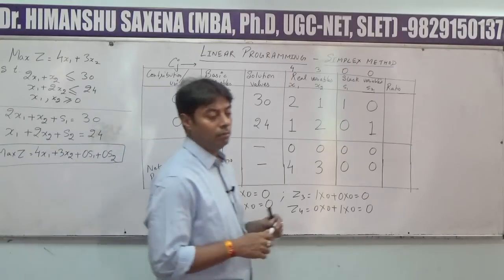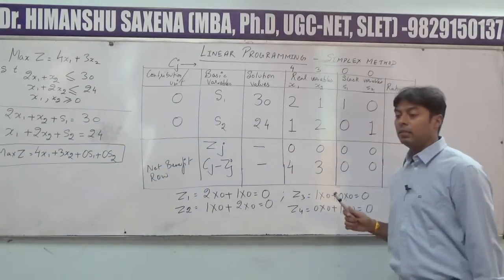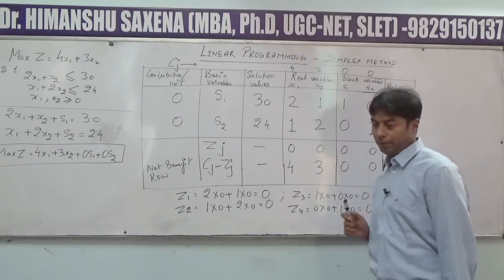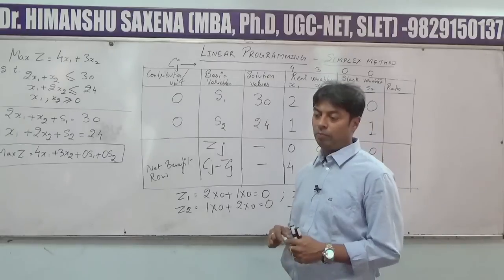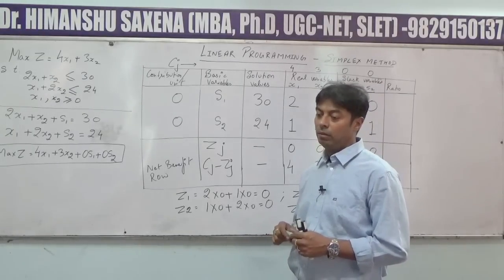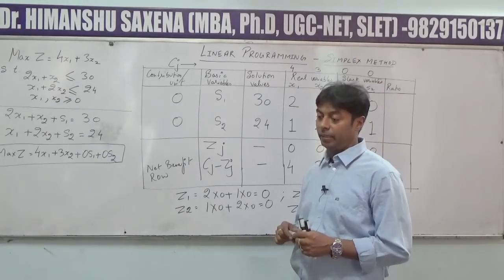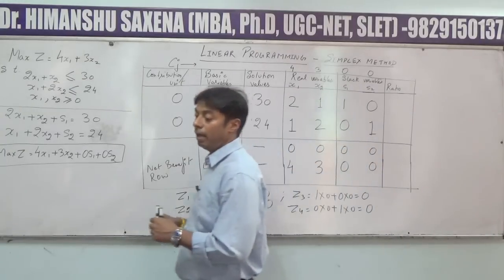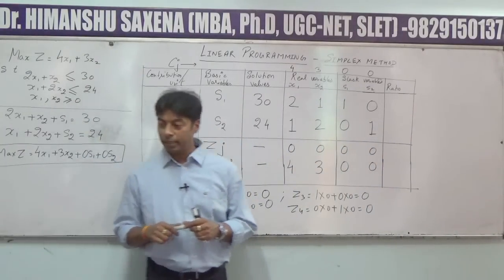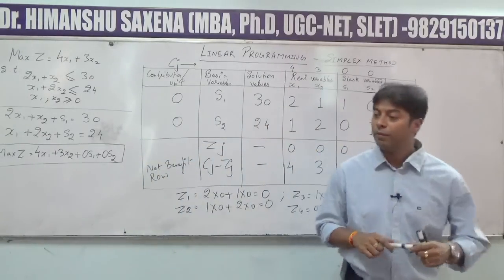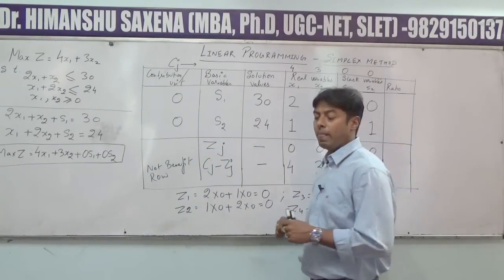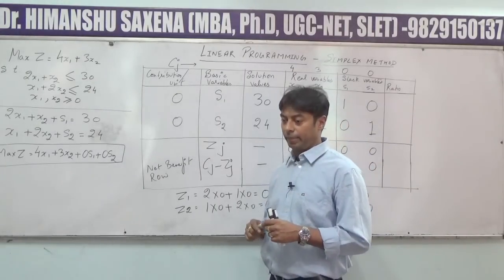Key column will be the highest positive value from Cj minus Zj.